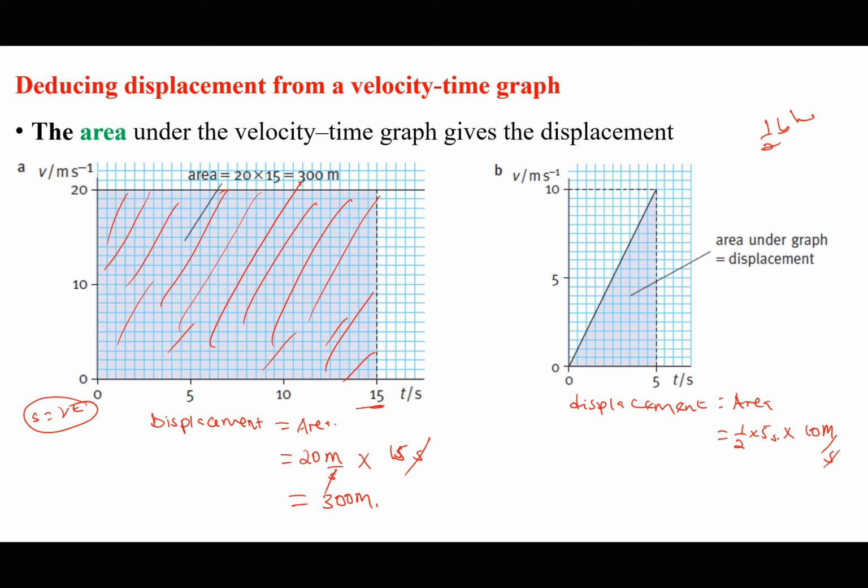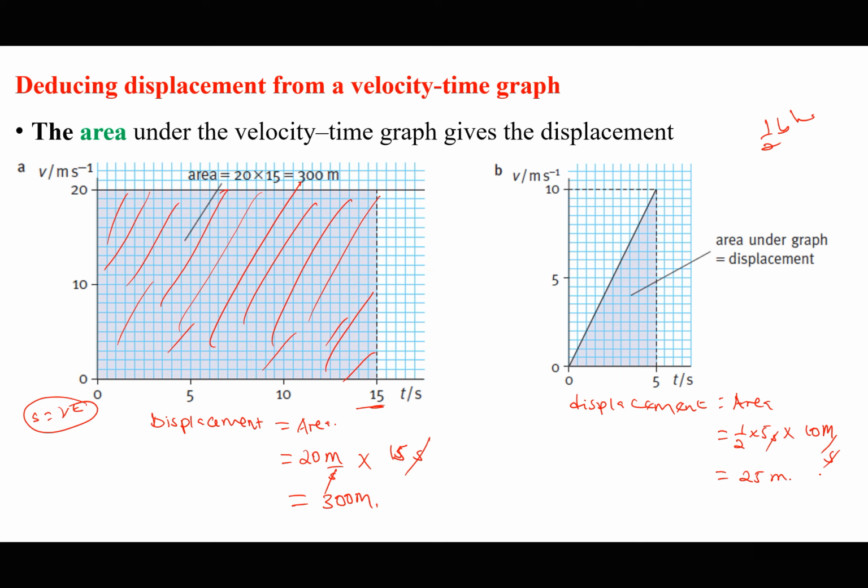The seconds cancel, so you remain with a half times 5 times 10 meters, which gives you 25 meters. So that is how we determine displacement from a velocity time graph. We take the area under the graph.